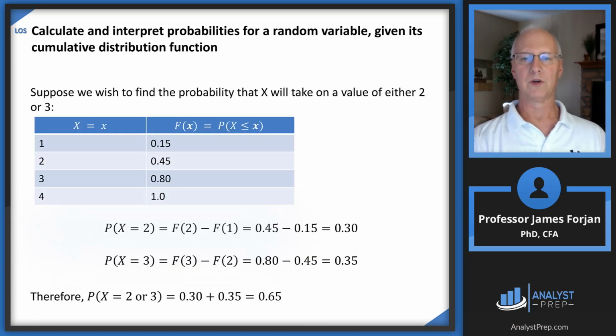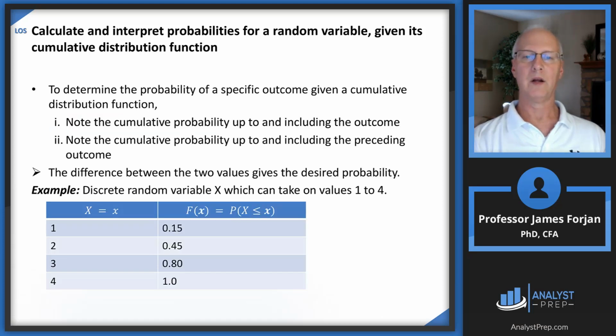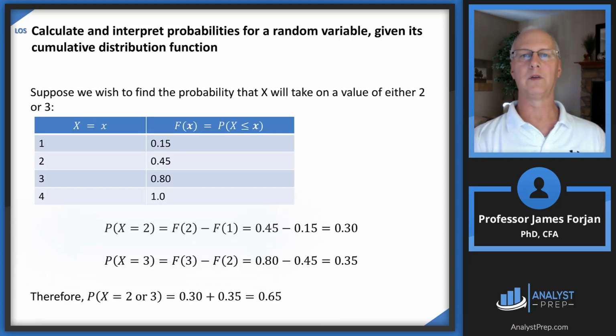And then we're just going to add the two because we want to consider that it takes on the value of either 2 or 3. So back here in the slide, we said we can take the difference between those two. And in this example, we talked about how we can add those two. So a value of either 2 or 3 gives us a 65% chance. Go ahead and pause the video if you need to refresh the math behind this.